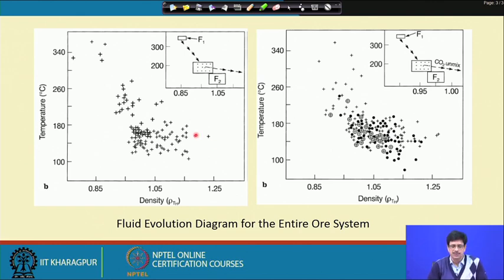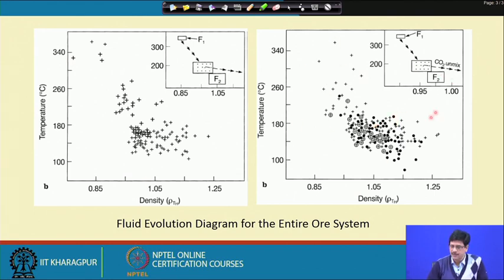So, here as discussed before, when we construct such a fluid evolution diagram, we only have the scope of considering the aqueous fluid, but the carbonic fluid also has been an integral part of this ore fluid. So, is it possible to incorporate some of the features of the carbonic fluid and then visualize the situation, even though we cannot plot anything on here?